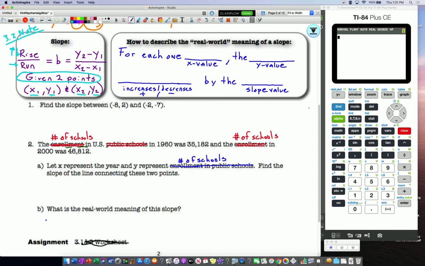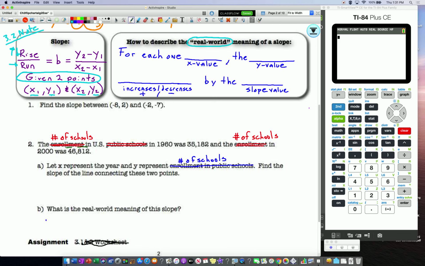Now, once you get the slope, since it means rise over run, one way we like to interpret it in a real world sense is that the slope tells us how much something increases in the direction of y for every one x value.